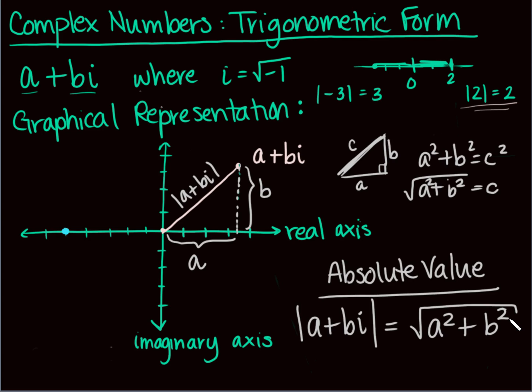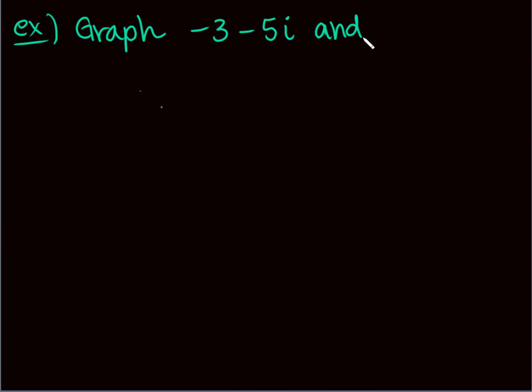So we can do an example with this. I'm going to do one quick example. Let's graph the number -3 minus 5i and find its absolute value.